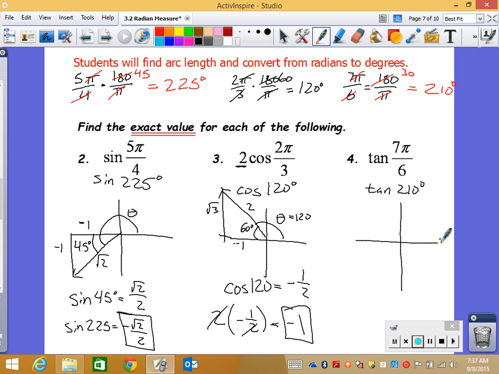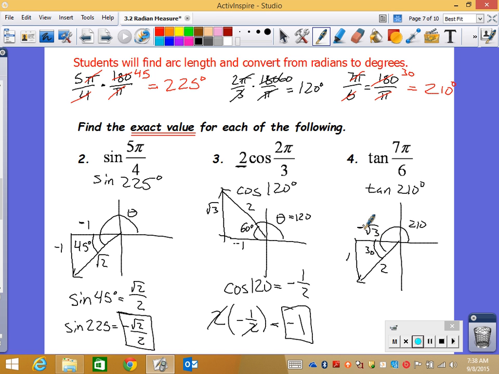Remember, 210 is in between 180 and 270, so we're going to be in the third quadrant. So we're looking at a reference angle of 210 minus 180, or 30 degrees. Draw my special triangle. I know that my side measures are 1, 2, square root 3. But remember, since we're in the third quadrant, my x's are negative.